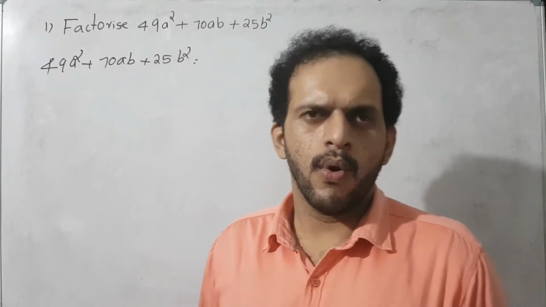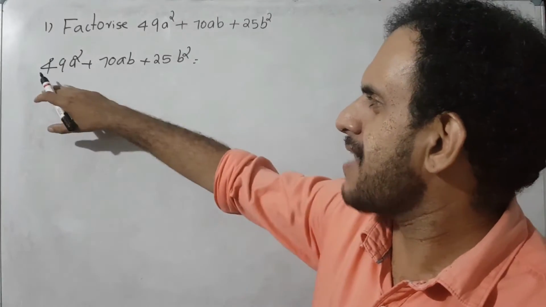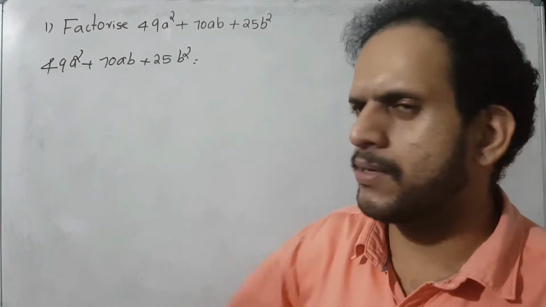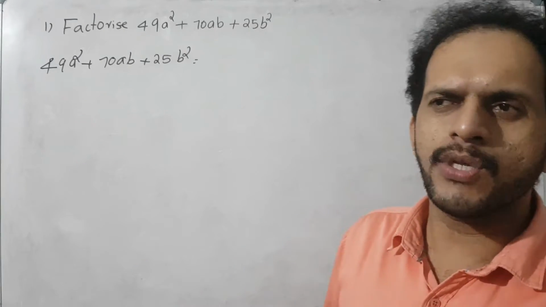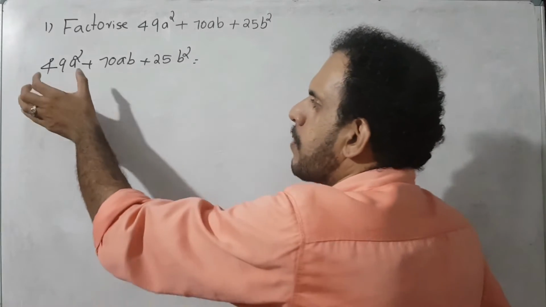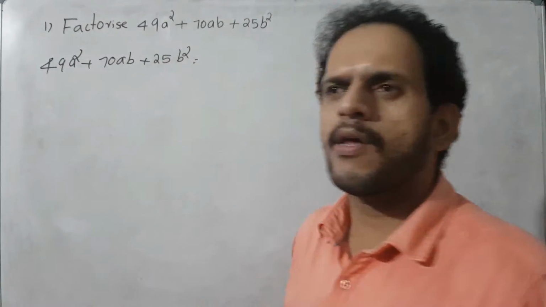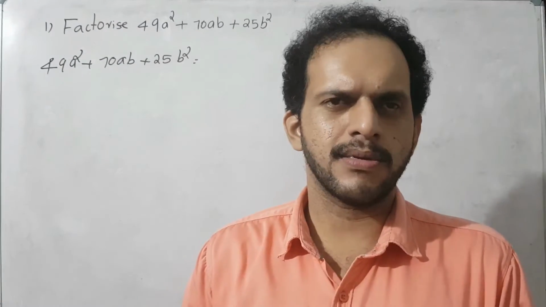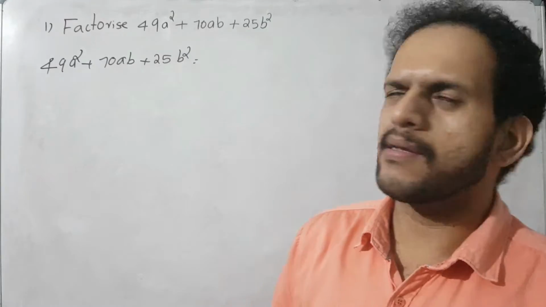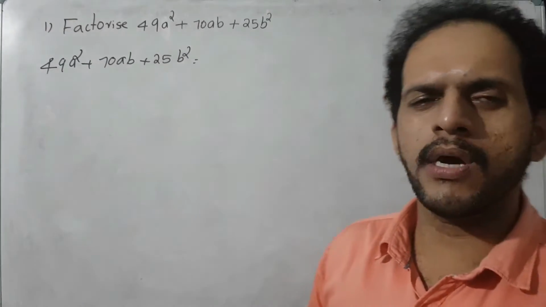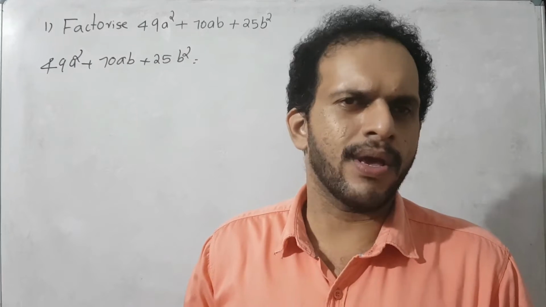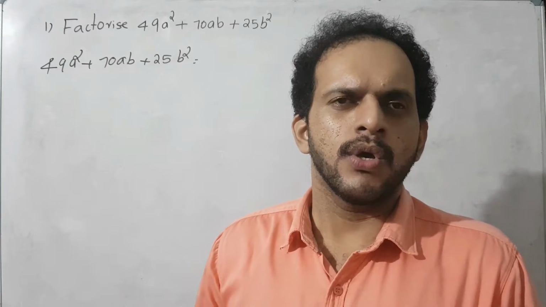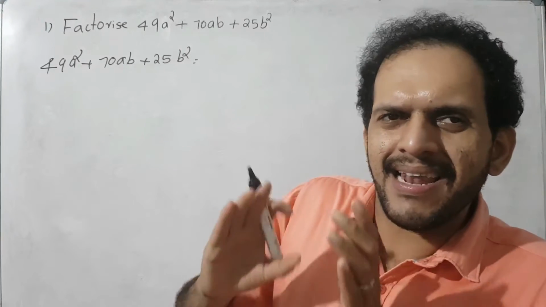For this type of question, a polynomial containing three terms, first you just check the first term. Is the first term in the form of a square? Yes. Okay. Then you check the last term.